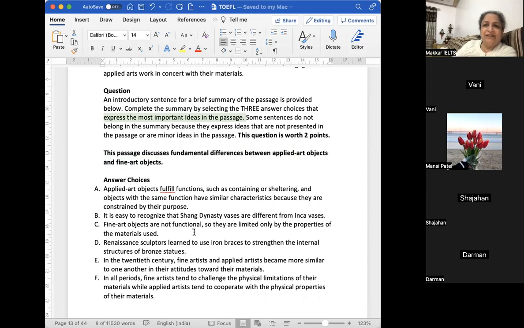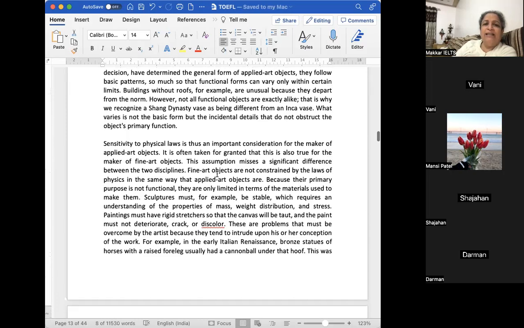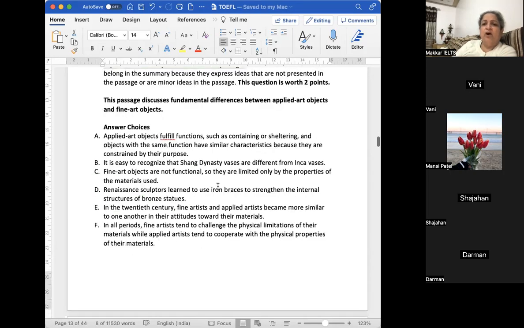And for this question, you have to read the whole passage. Only then you will be able to find out which 3 are correct. Now, one way to do this, which I have been telling in the IELTS also, when you do such lengthy passage questions, read all the options first.